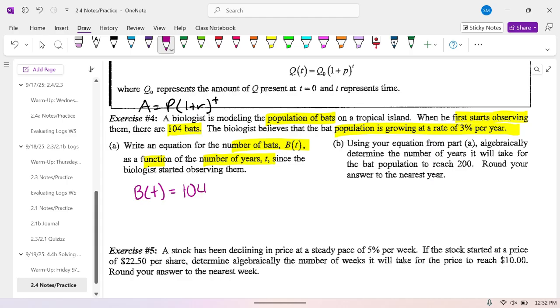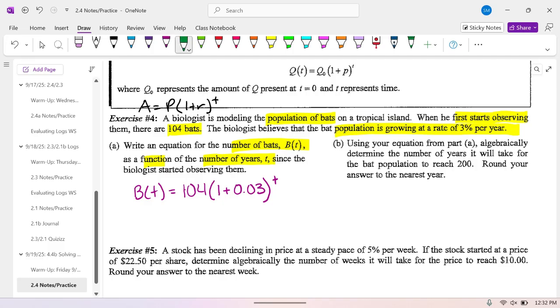So I start with 104. Then I do 1 plus. What is my rate of growth? 3%. What's that as a decimal? 0.03. And then it's just going to be raised to the t power.